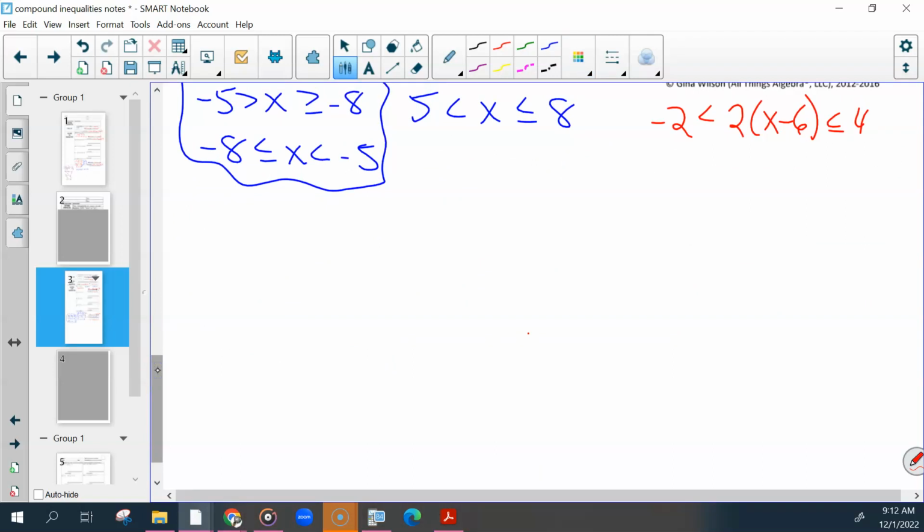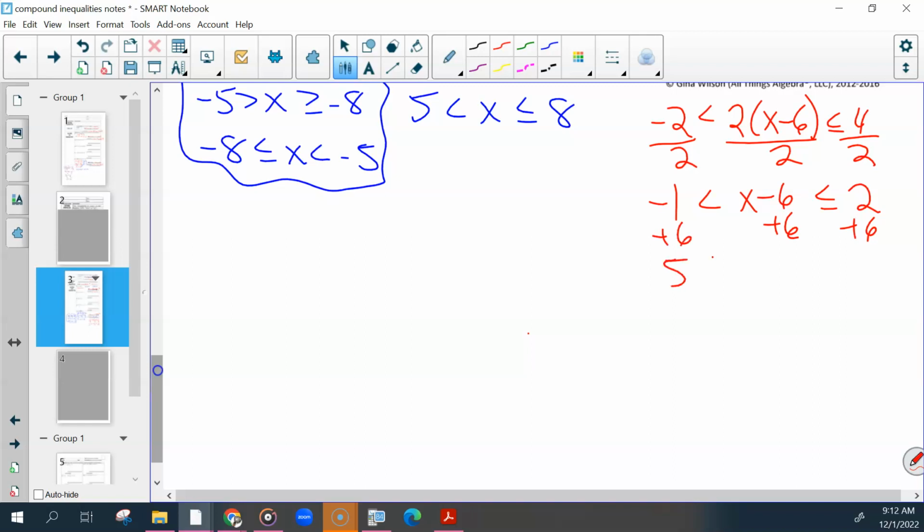And instead of distributing, I'm going to divide everything by 2. So we have -1 is less than x minus 6 is less than or equal to 2. And then add 6 to all sides. You get the same thing either way.